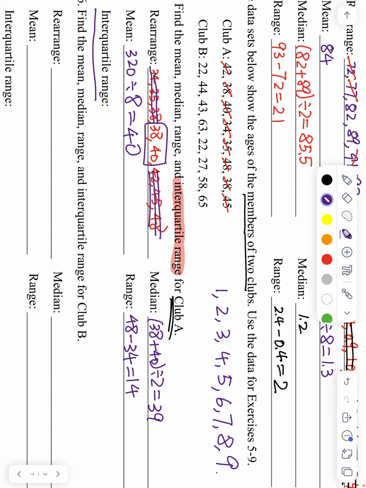If I have a data set like this, number 5 we call the median, right? We have 4 numbers on each side. So this is the median, and we also call it Q2.